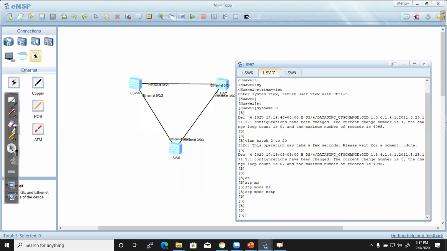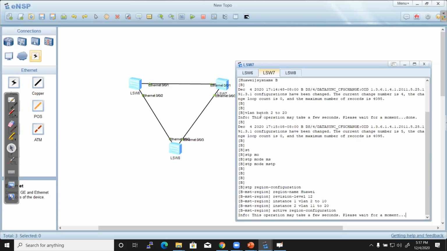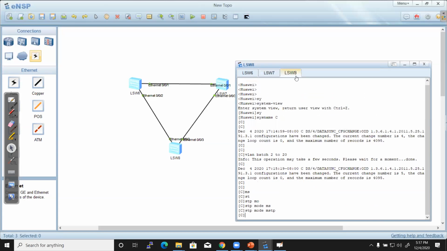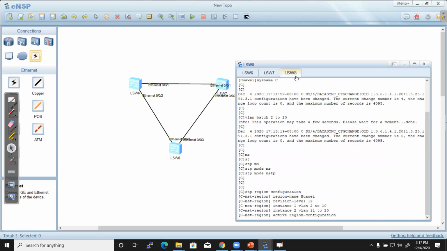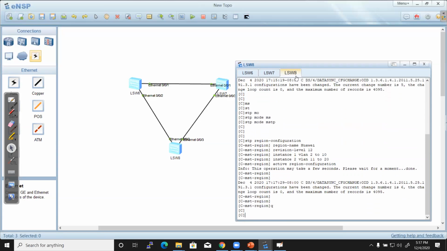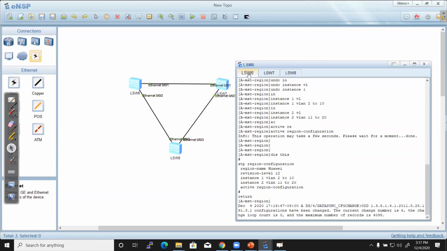We don't even know which is the root bridge, so the results might be different, because in the last topology we knew what was the root bridge and which port was in the block state. So we don't really know who is going to be the root bridge right now.